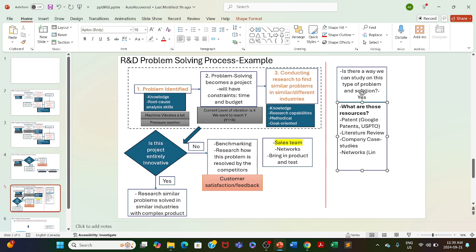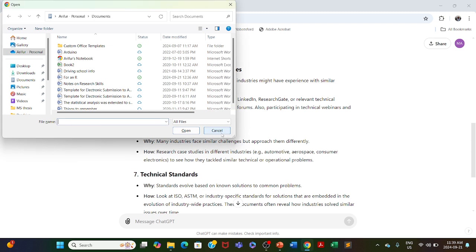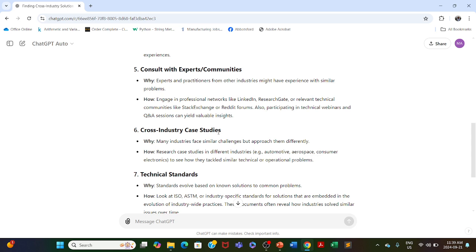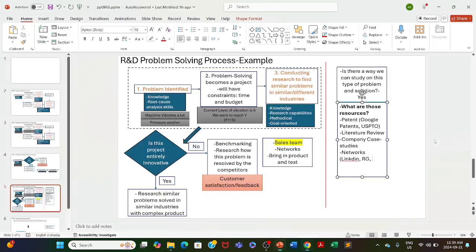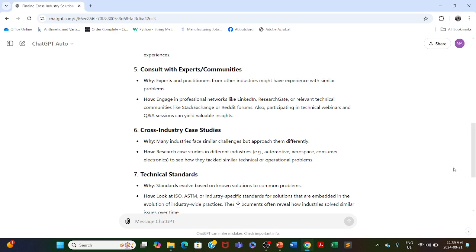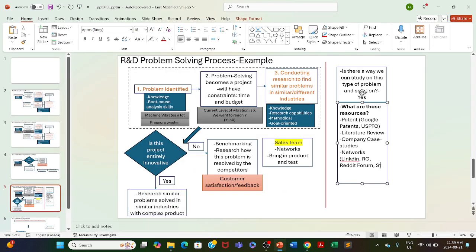Networks, for example, LinkedIn, ResearchGate, Reddit forum, Stack Exchange. I'm going to write down everything so we know what options we have.